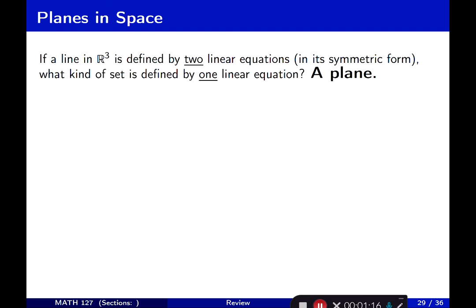But for a plane, you will have only one linear equation of all three variables. Sometimes one or two variables are missing, but it's just one linear equation.